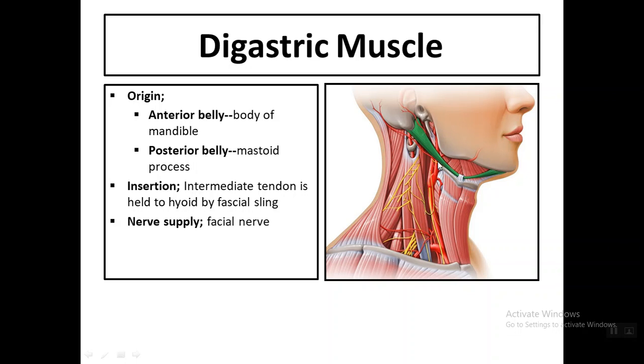Nerve supply is through the facial nerve, and the action is to depress the mandible. If the anterior or posterior belly pulls, it will either depress the mandible or elevate the hyoid bone.